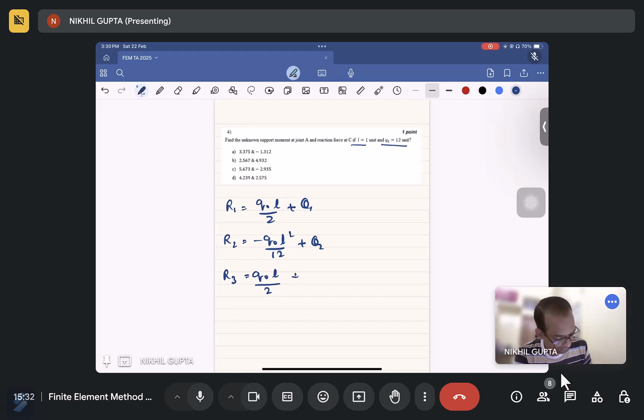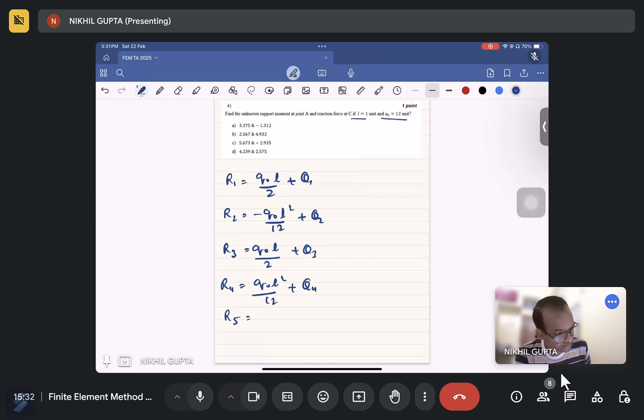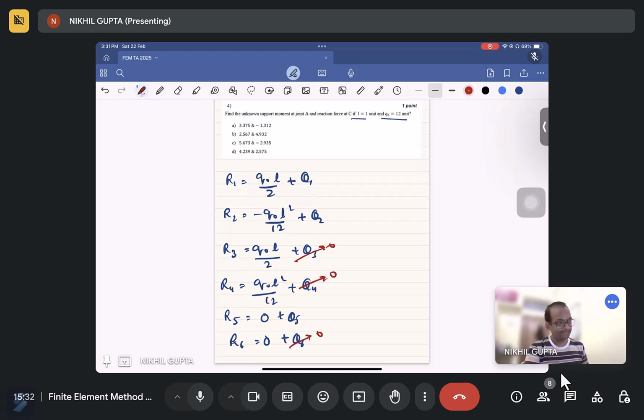R2 is equal to minus Q naught L square by 12 plus Q2. R3 is Q naught L by 2, I think, plus Q3. R4 is Q naught L square by 12 plus Q4. R5 is 0 plus Q5. R6 is 0 plus Q6. We have shown that Q3 is 0, Q4 is 0 and Q6 is 0.